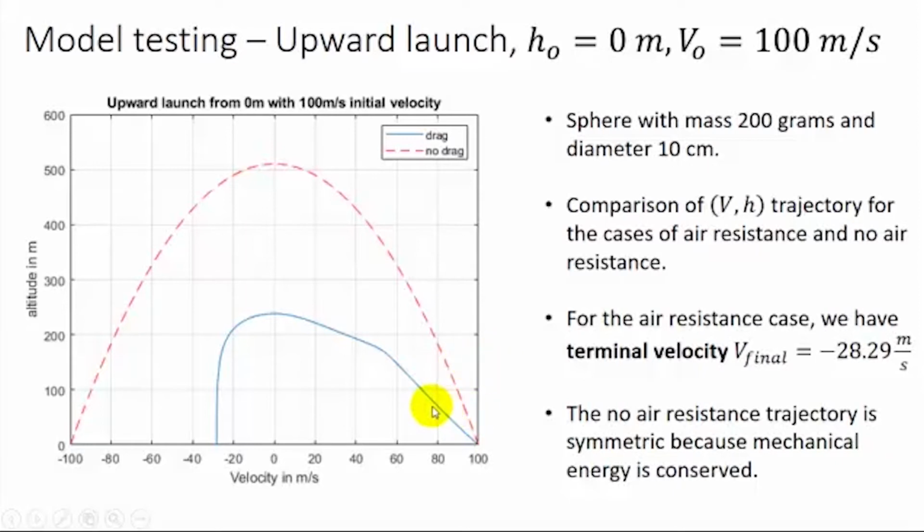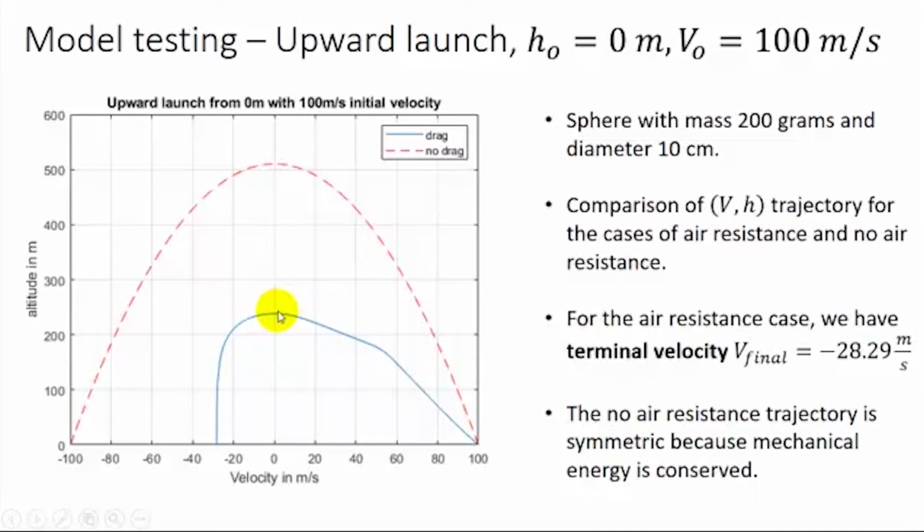For the case of aerodynamic resistance, the situation is very different. Due to the presence of aerodynamic resistance and the dissipation of energy, the ball will reach a much smaller maximum altitude.